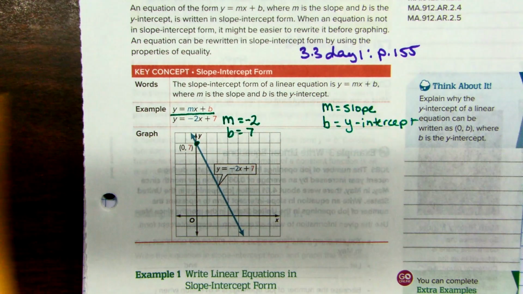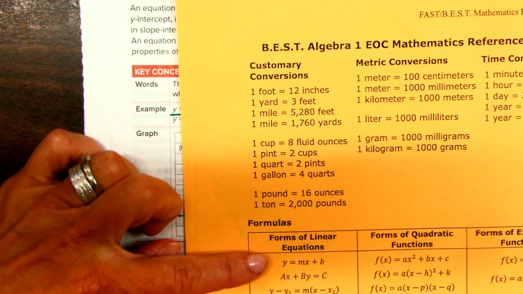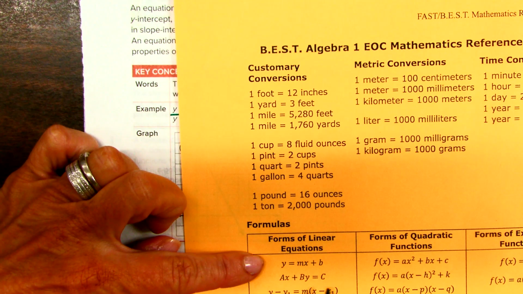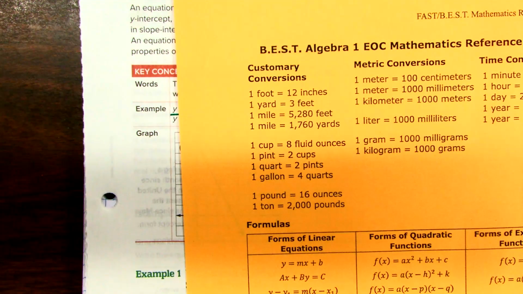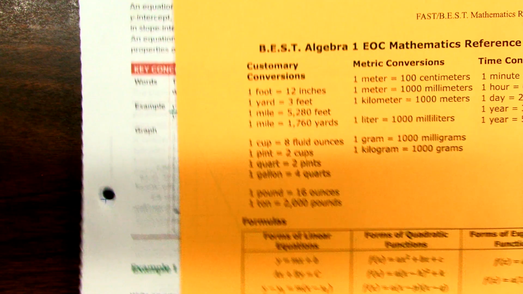On your reference sheet, the very first one, there's equations of a line. We actually did, for a minute, talk about standard form of an equation, but right above it is slope-intercept form. You don't have to memorize anything that's on here.